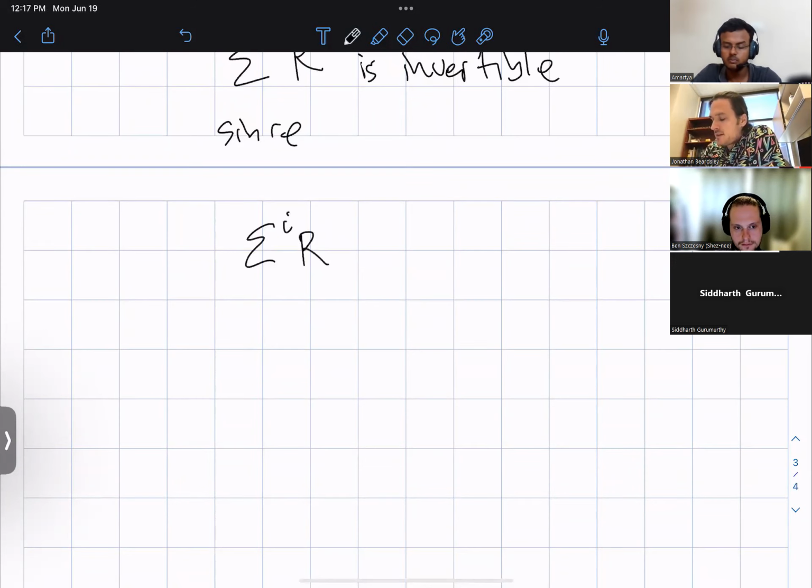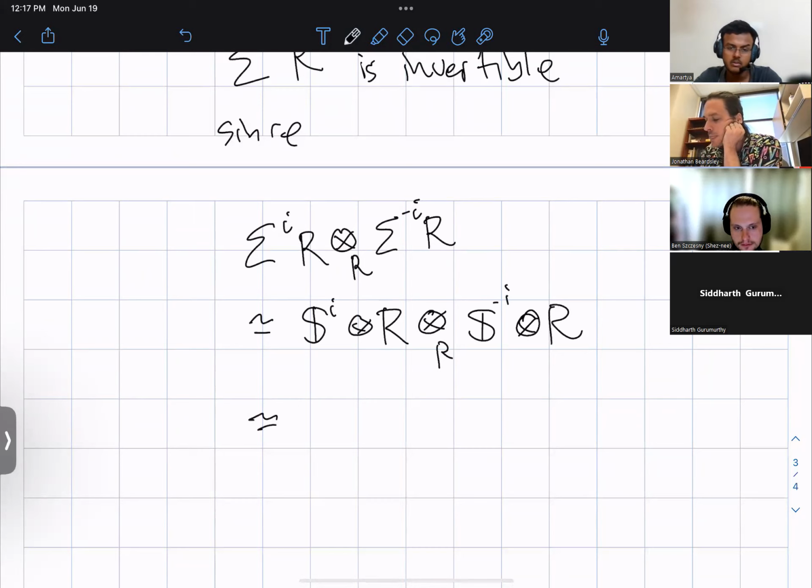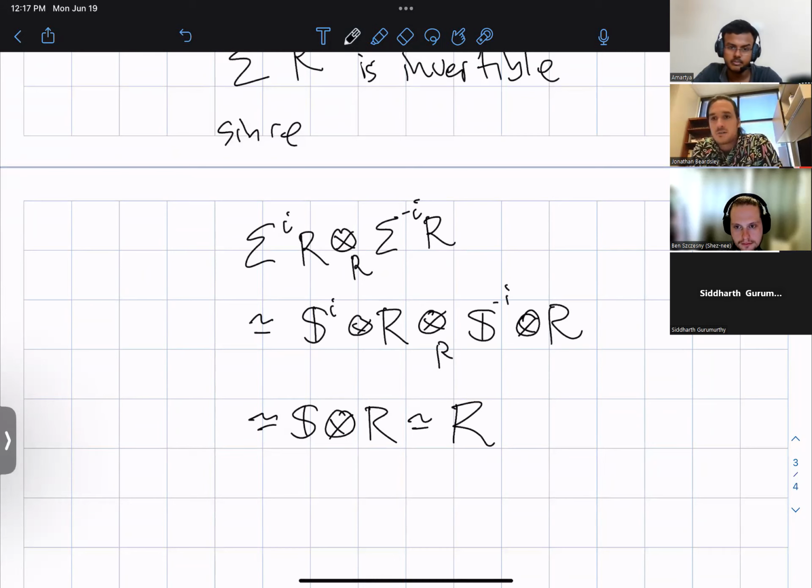Since sigma^I of R tensored over R with sigma^{-I} of R is equivalent to S^I tensor R tensored over R with S^{-I} tensor R, which is of course equivalent to S tensor R. So suspensions of your base ring are always going to give you elements, or objects, of the Picard space.